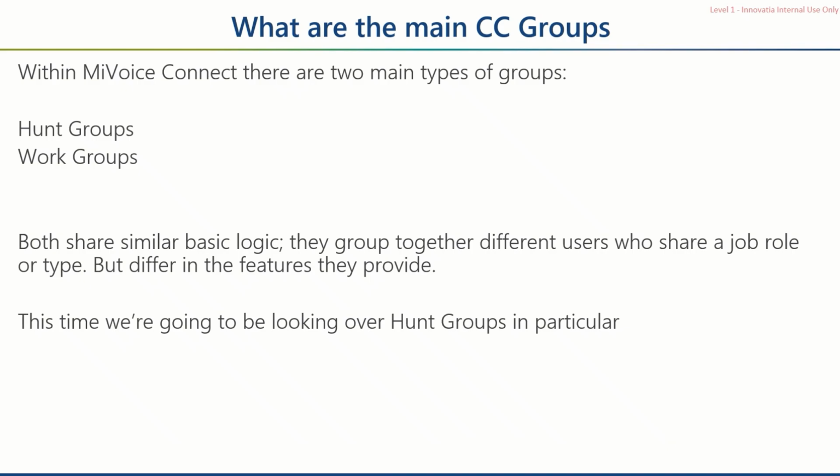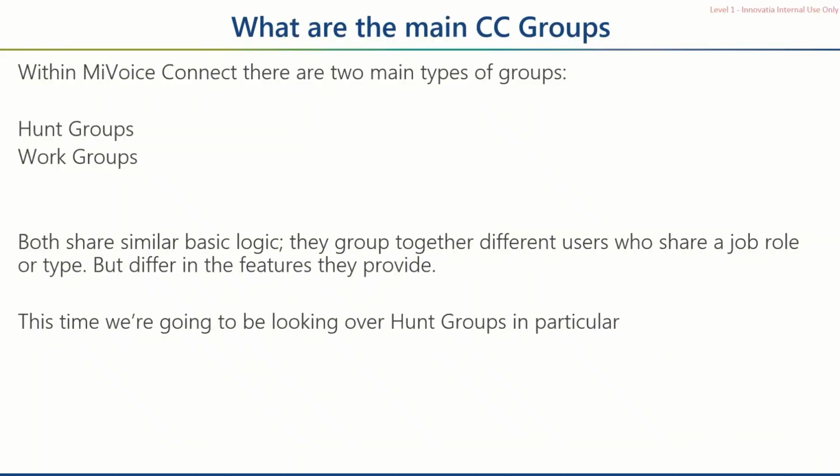Now, even though both work groups and hunt groups have this shared functionality, they differ insofar as the particular features, options, and capabilities that each of them offer. Hunt groups tend to be a little less complex and a little less feature rich, whereas work groups are basically the opposite.